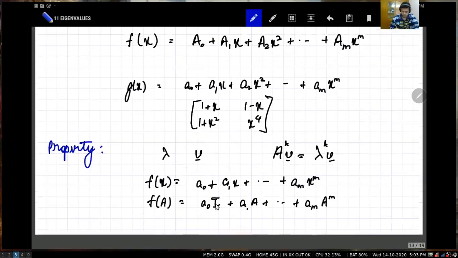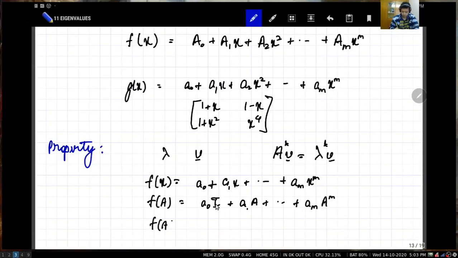Then it's pretty clear that f of A is also a matrix, an n by n matrix, which can be evaluated using this.